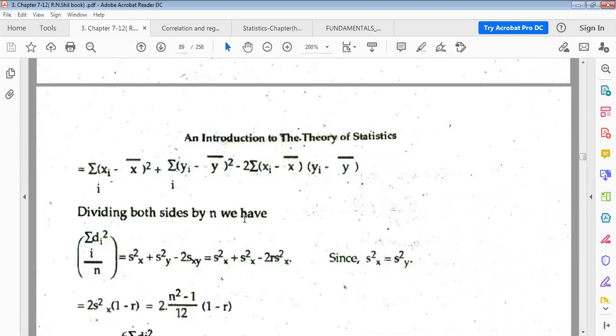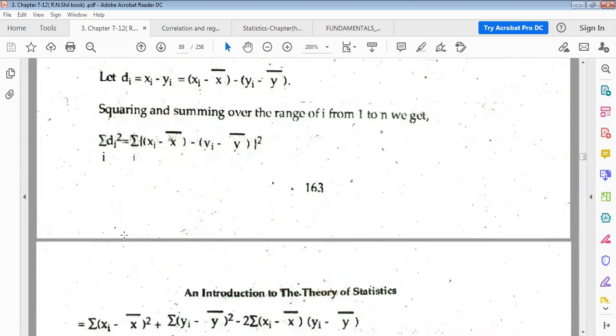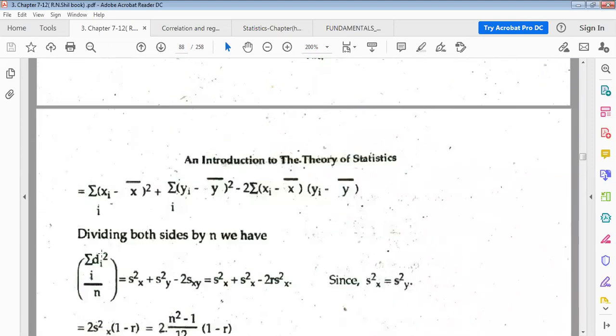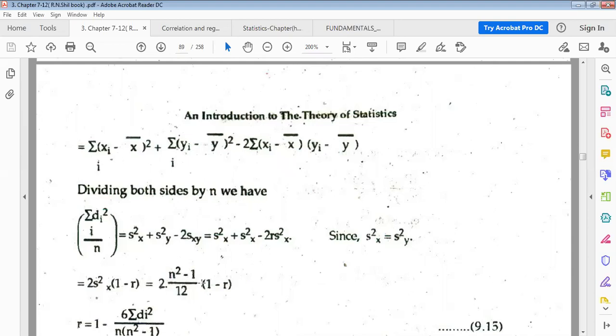Now dividing both sides by n, we get summation di whole square divided by n. This will be the standard deviation of the x variable, this is the standard deviation of the y variable, and this is the covariance of xy. That means after dividing by n, we can write this as sxy.